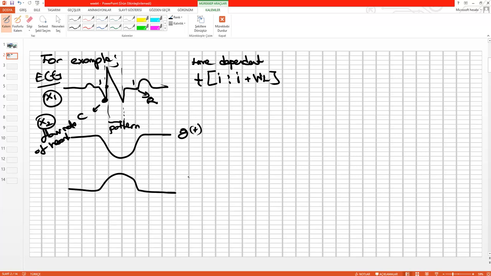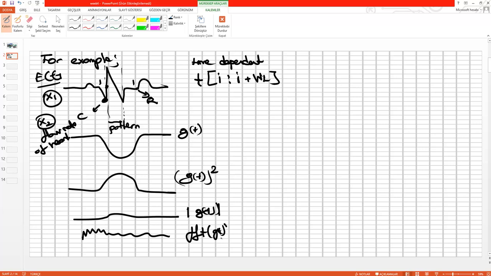Assume that this is the GT, so we can use the GT square form in order to enrich your data distribution here. Or we may take the absolute values of the GT, or we can use the Fourier transform of GT.